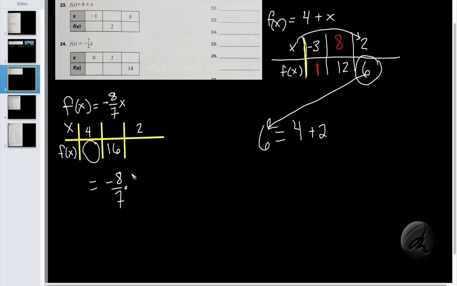Since this is a fraction, I'm just going to make this a fraction as well. So negative 8 times 4 is negative 32, and 7 times 1 is 7. So the value of this function, if x equals 4, is negative 32 over 7.